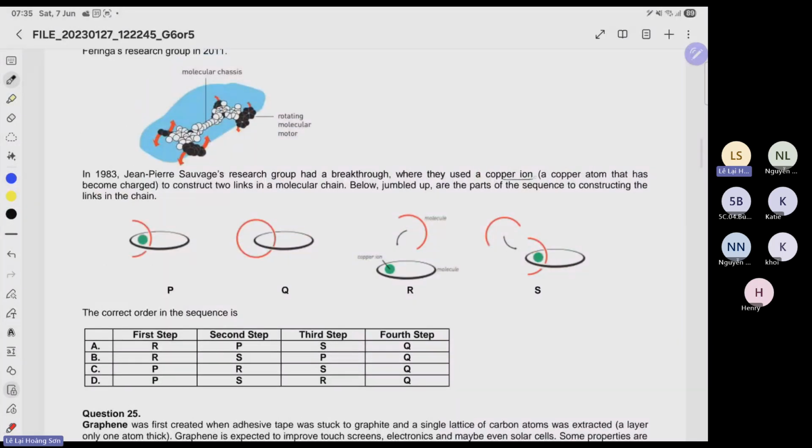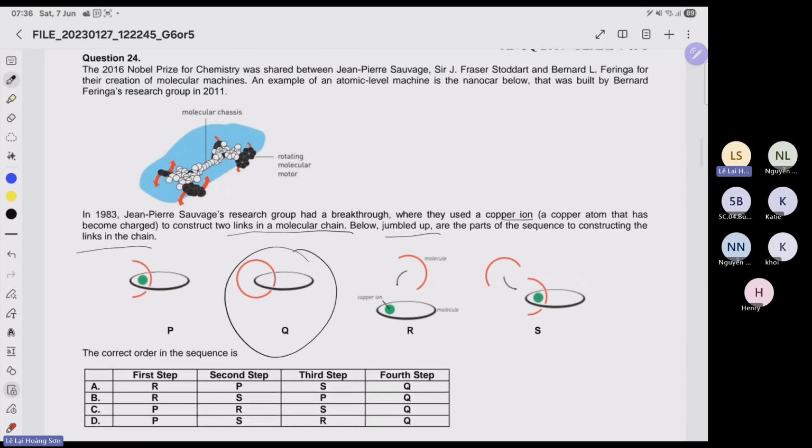Use copper to construct two links before jumbling up the part of the sequence, constructing the links in the chain. The last option must be the final one, because this is the final product: construct two links in a molecular chain.